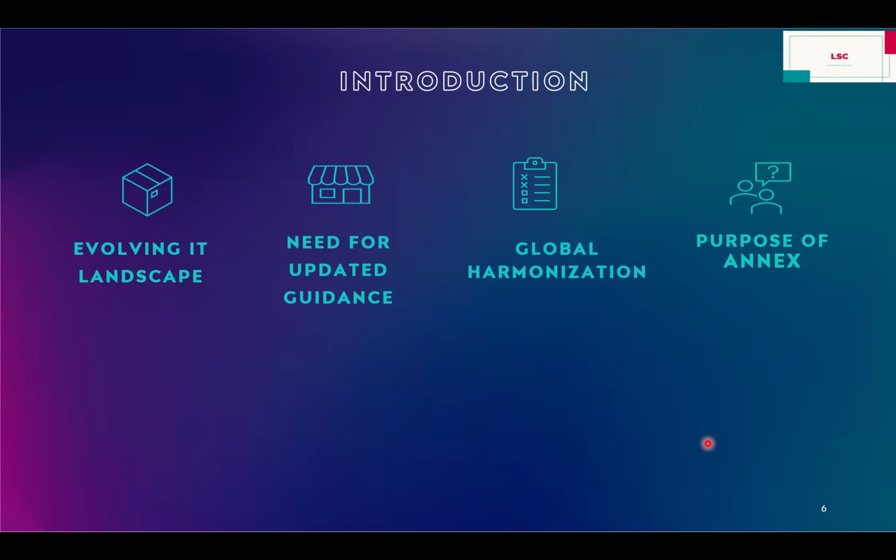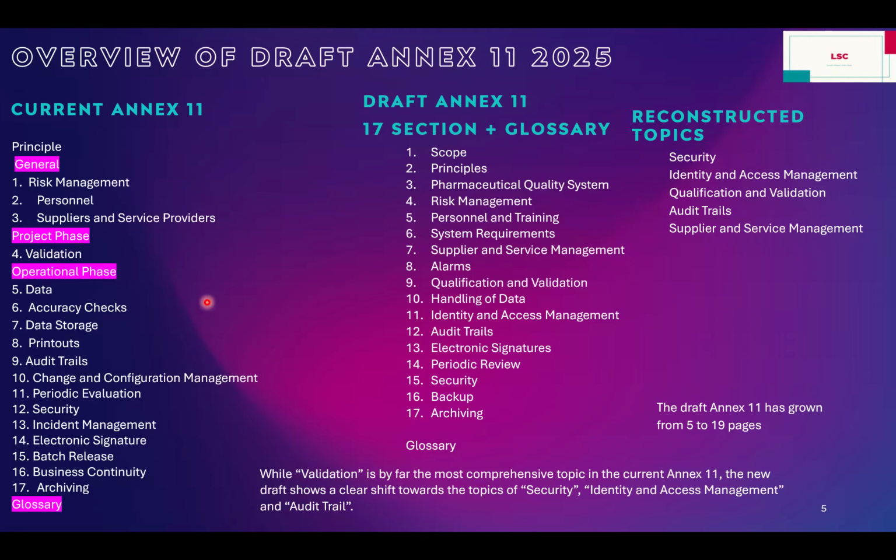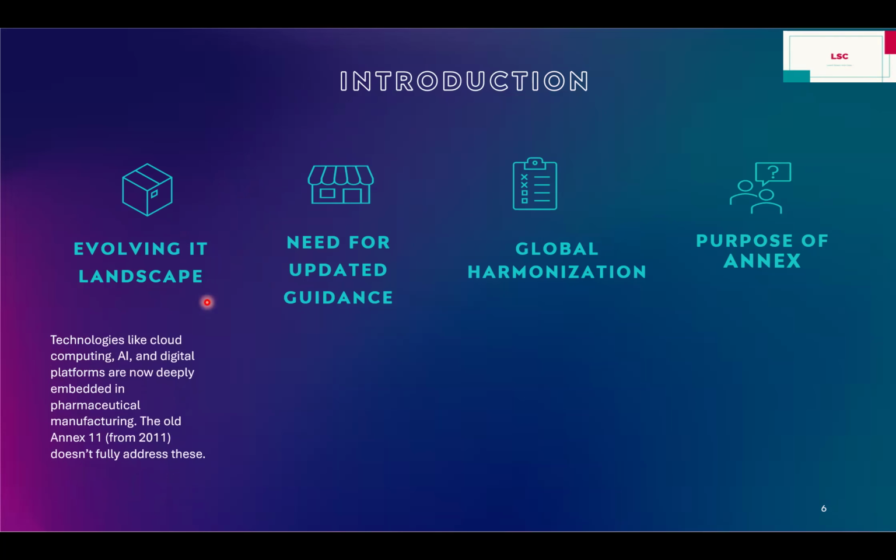First of all, the guideline is prepared for these four purposes, or you can say these four contents covered in this guideline. First of all, the evolving IT landscape. What is this? Technologies like cloud computing, AI, and digital platforms are now deeply embedded in pharmaceutical manufacturing.